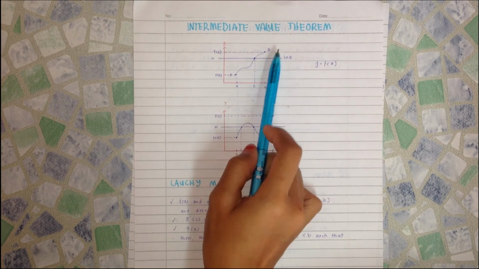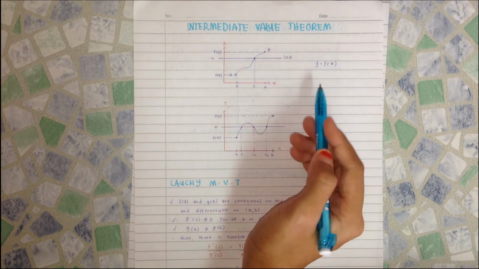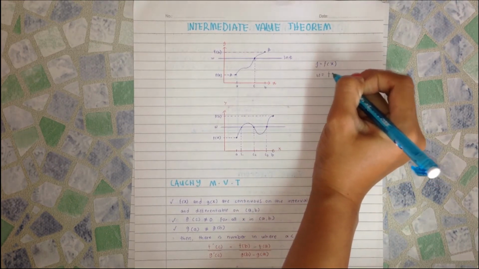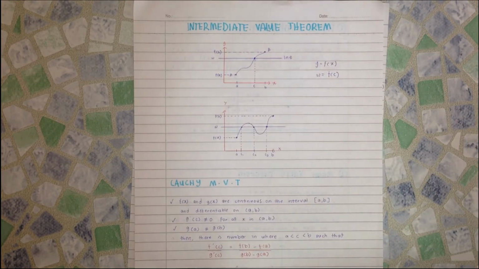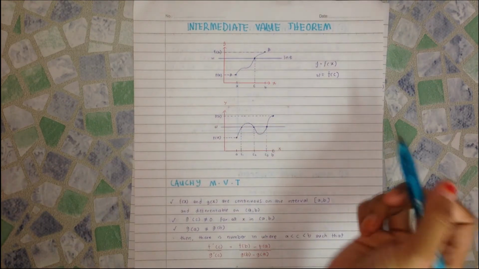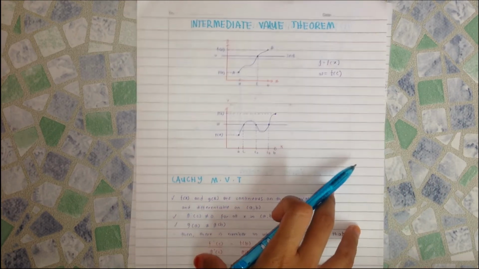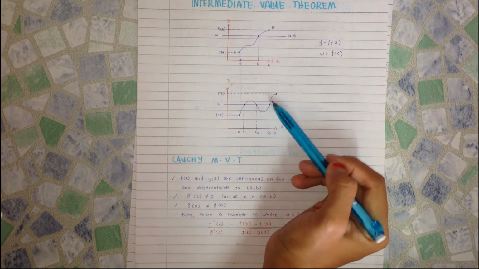The function at that point must be w, equal to f(c). It also says at least one value of c, which means we could have more than one c. Here is an example where we have more than one c.